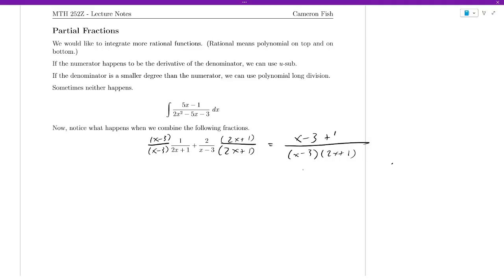So 2 times 2x is 4x, plus 2 times 1, that's 2. It'd be good to combine these, so we're going to get, I think, 5x minus 1, all over x minus 3 times 2x plus 1 on the bottom.